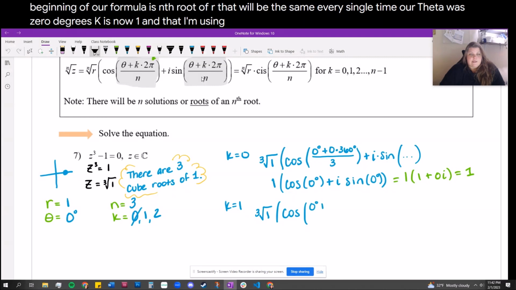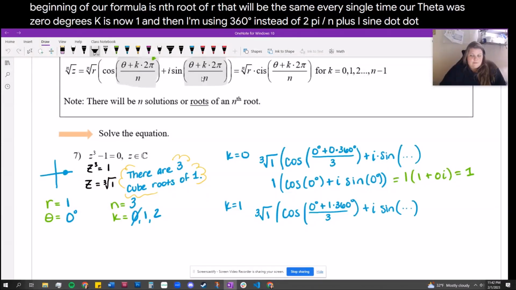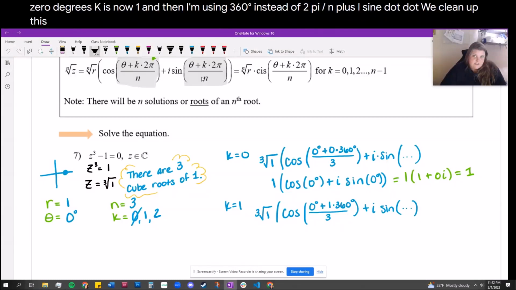And then I'm using 360 degrees instead of 2 pi, divided by n. Plus i sine. Now we clean up this angle inside and we're done. Cube root of 1.